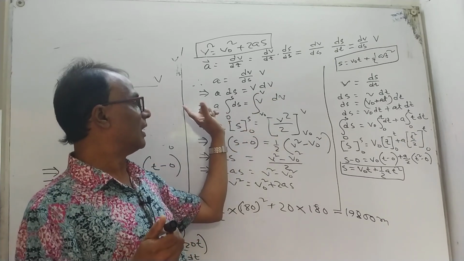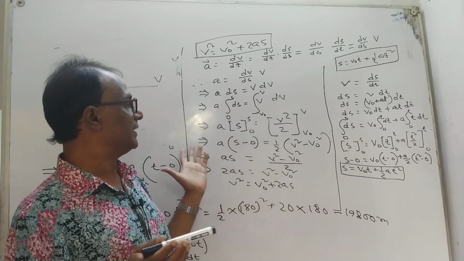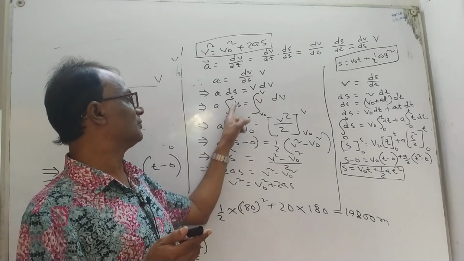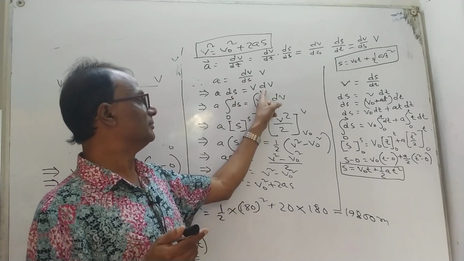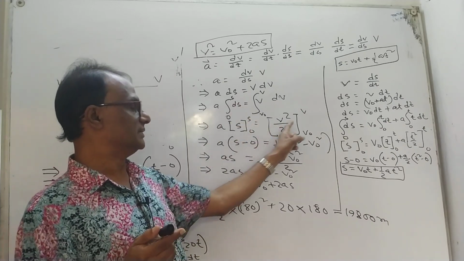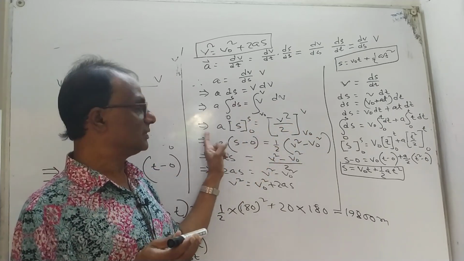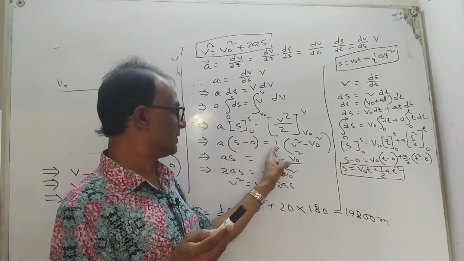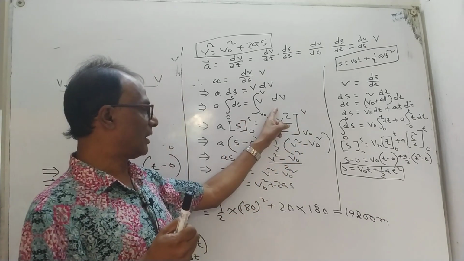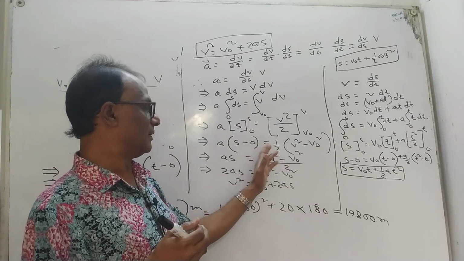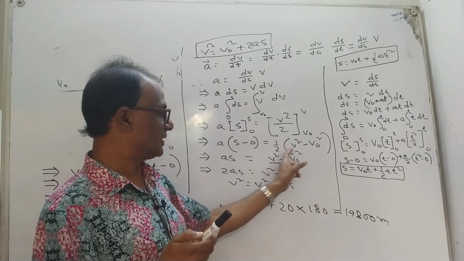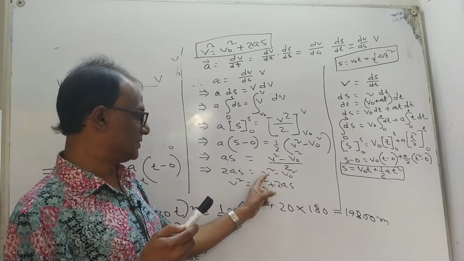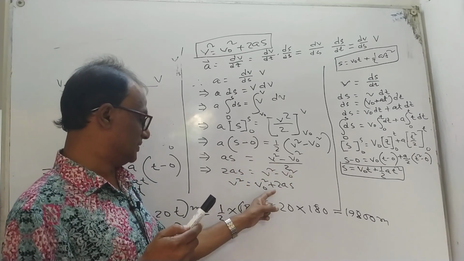When we integrate on both sides within the limits 0 to s and v naught to v, by the same process, upper limit minus lower limit, and the half is taken outside because it is constant, we will have twice a s equal to v square minus v naught square.